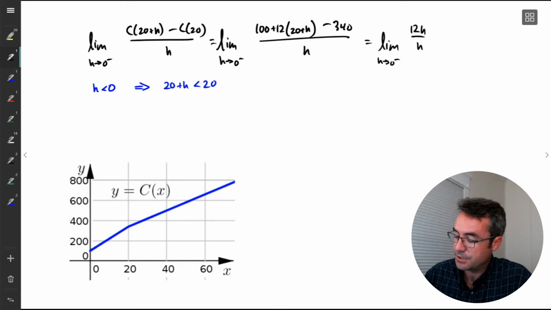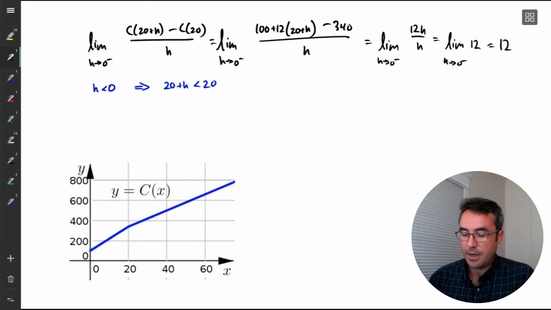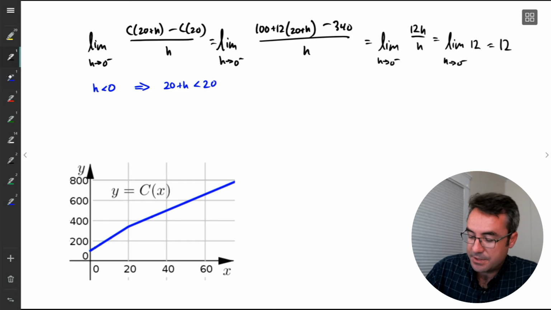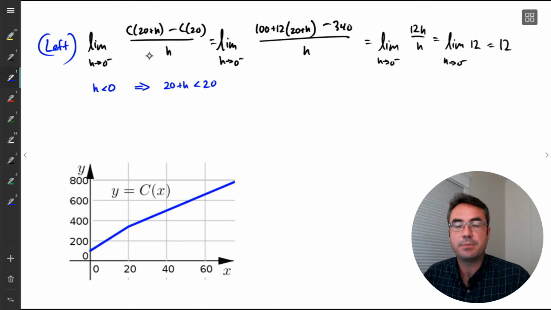As h approaches 0 from the left, the h's cancel, and I'm left with just the limit of 12 as h approaches 0 from the left, which is just 12. So with this left side limit, we've shown that this derivative type calculation gives us a result of 12.